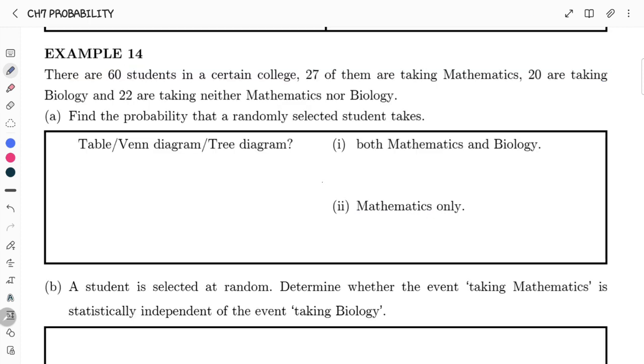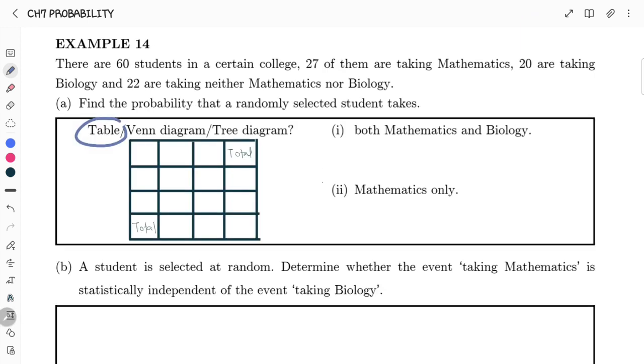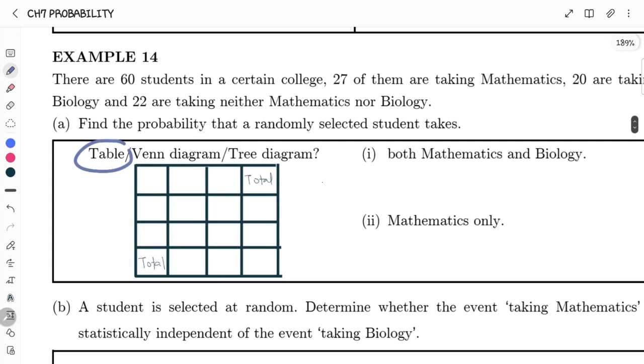Example 14, there are 60 students in a certain college. 27 of them are taking mathematics, 20 are taking biology, and 22 are taking neither math nor biology. So for this one, I'll be using a table.